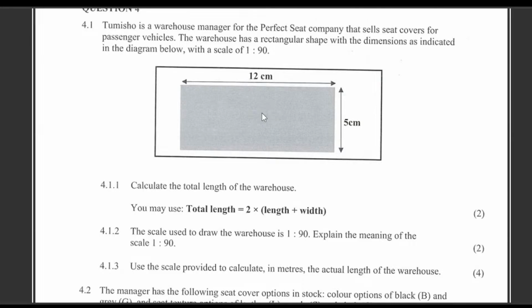Calculate the total length of the warehouse. When you look at it critically, we are looking for the perimeter of a rectangle. So this becomes 2 into, what's our length? 12 plus 5, finished. This is 2 times 17, which gives us 34 centimeters.